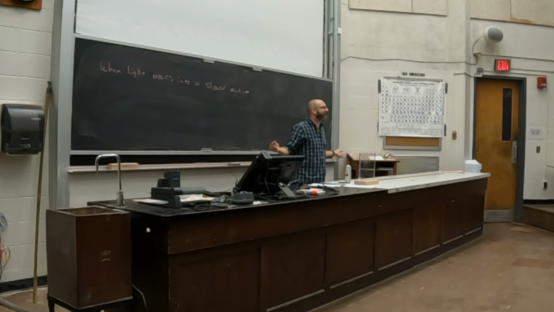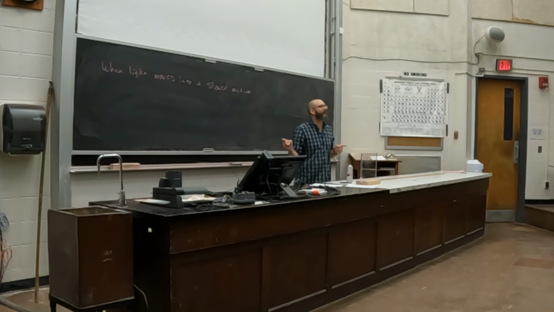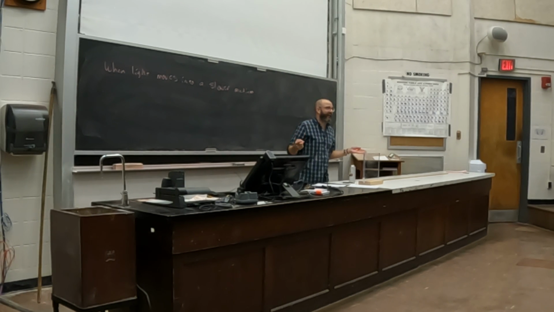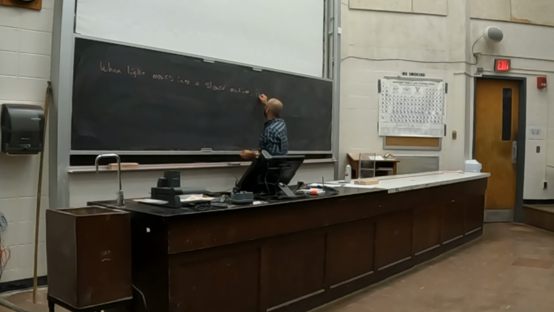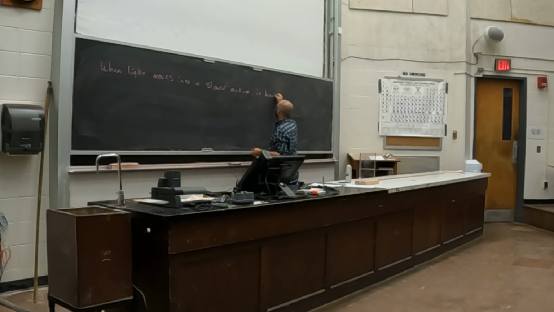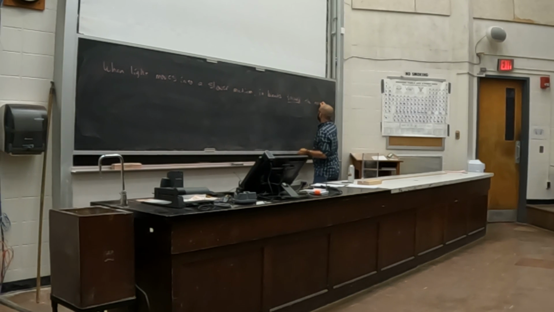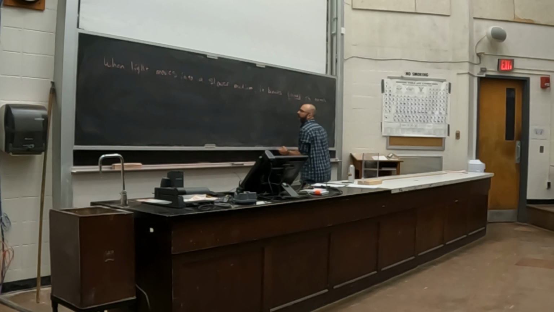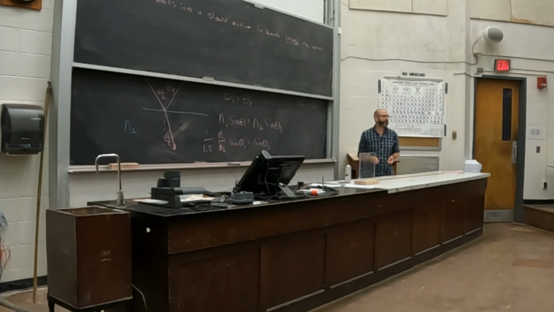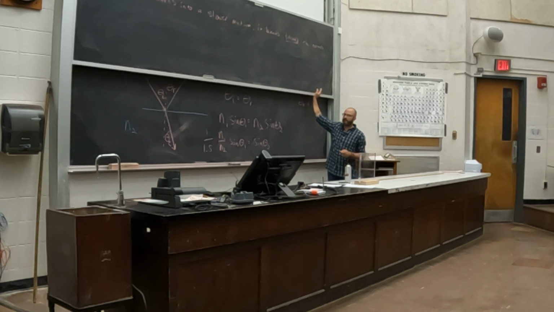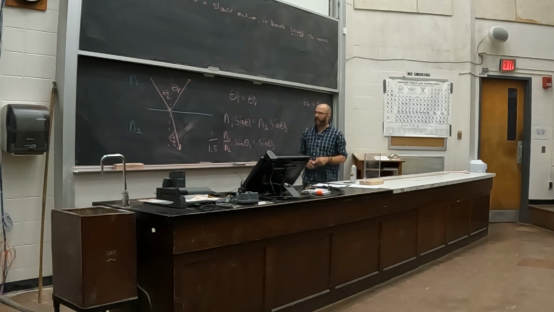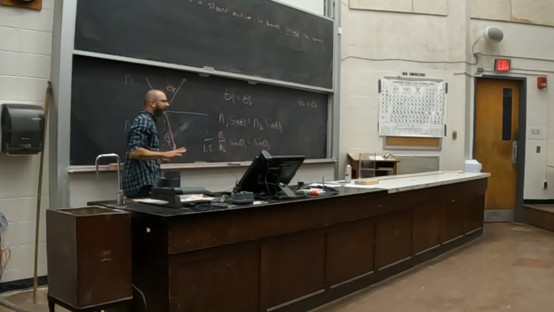Than whatever medium in which it's traveling currently. Could be air, could be lucite, could be water, I don't know. If it moves into some other medium for which it's going to slow down, it bends toward the normal every time. Questions about that?